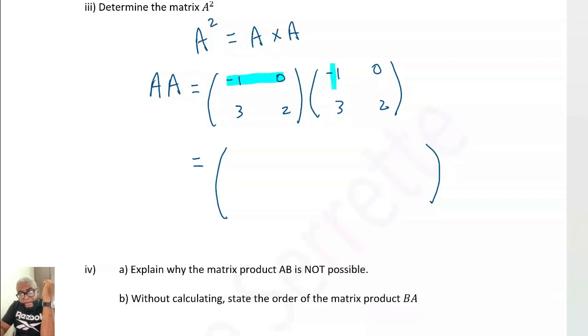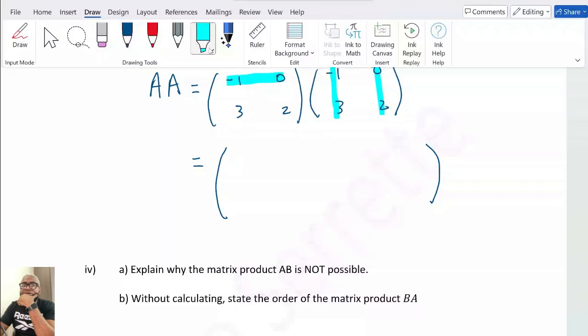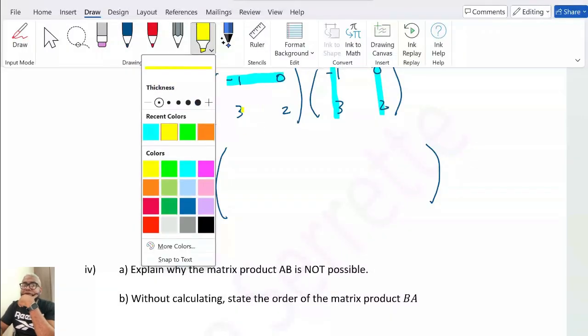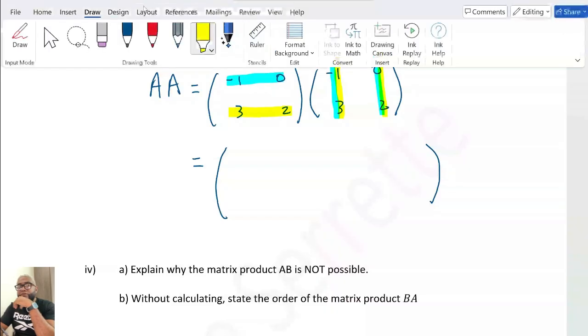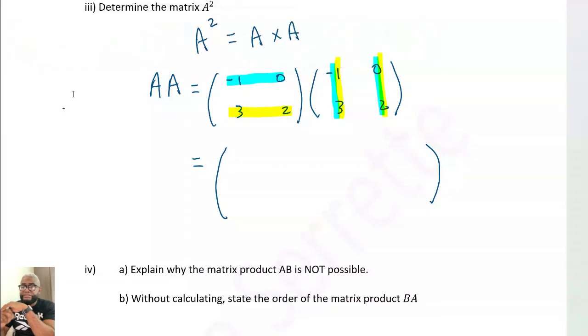So row by column, the same row by the first column, and then row by the second column. Right? I'll give another 2 minutes.